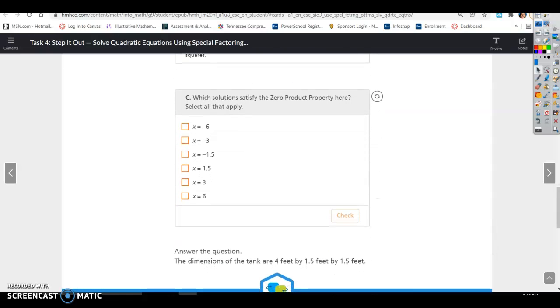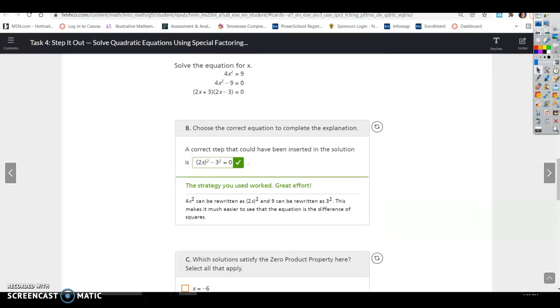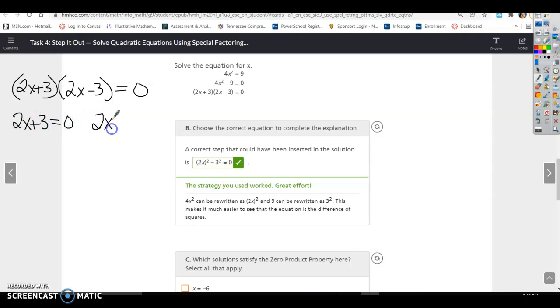All right, so it says which solutions satisfy the zero product property here. If you have your factors, 2x plus 3 and 2x minus 3 equals 0, the zero product property says I can set each factor equal to 0 and solve.